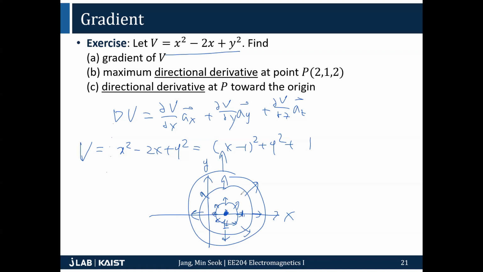So (2, 1) is here, and of course there's a z direction too. Having this in mind, we look at the directional derivative at P toward the origin. So you have this direction.